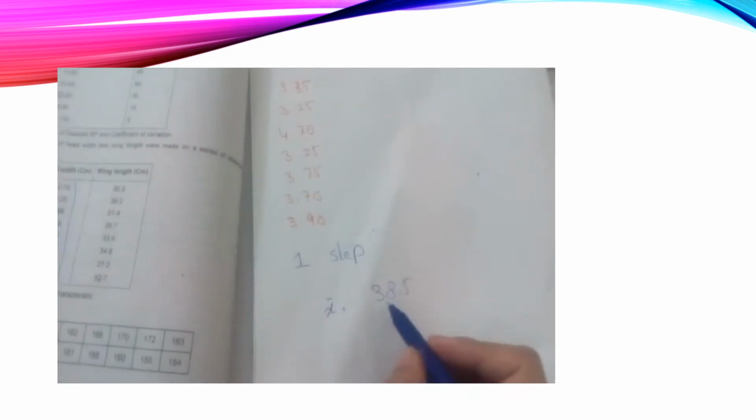This is question number 16. The first step is we calculate the mean. The sum of all these values is 38.5, the total number is 10, and the mean is 3.85.